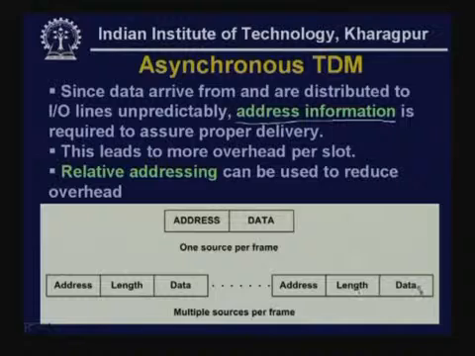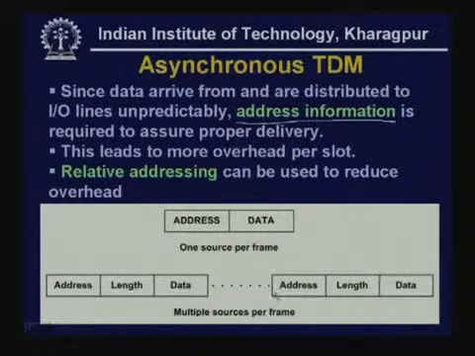So, there are 3 different fields corresponding to data received from a single source, and the address and length are the overheads, because the other side has to identify which address the data corresponds to, and the length field has to be known, so that we can identify the next slot.